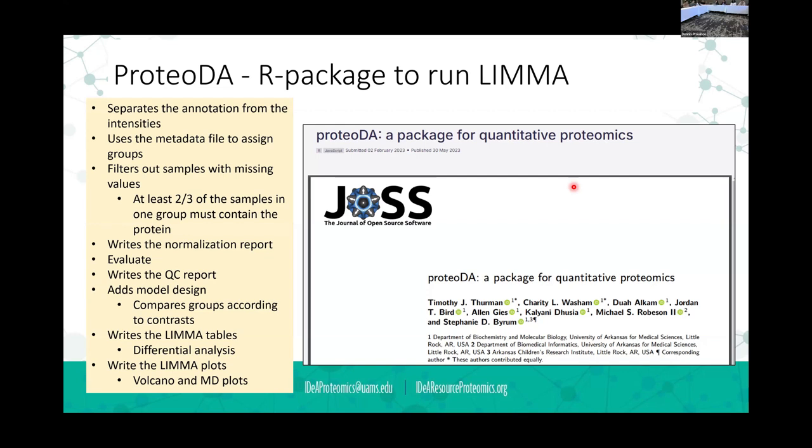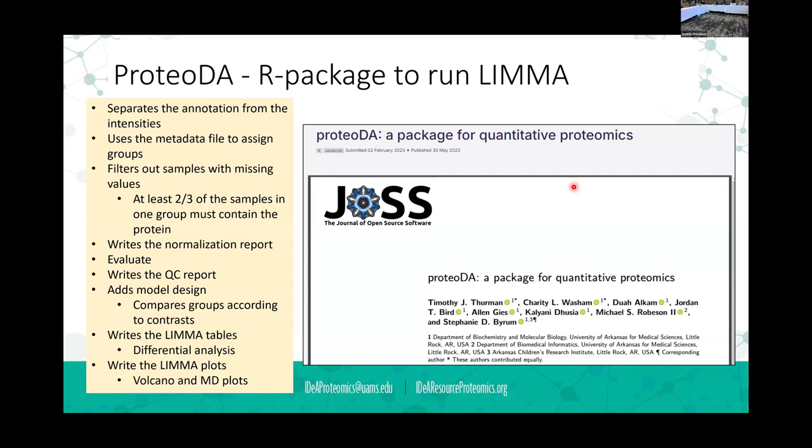I didn't write it. I can use it, and I'd be happy to teach you how to use it. It's up on GitHub, but I'll tell you what it does. It separates the annotation from the intensities. So you take that output file, and it will do that separation in an R package. It will use the metadata file that you have created to assign the groups. It will filter out samples with missing values.